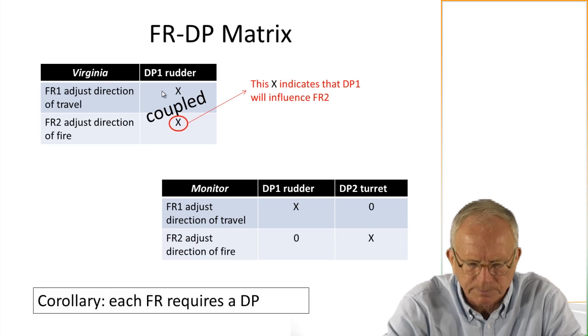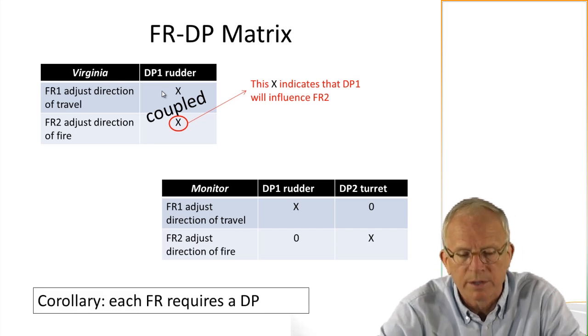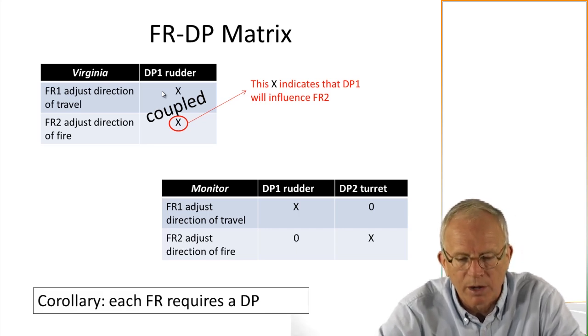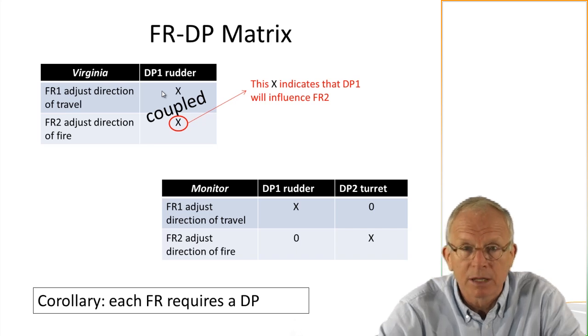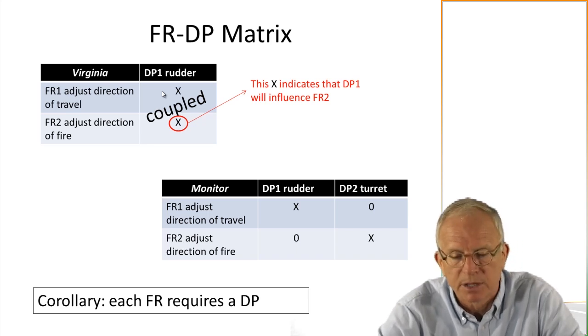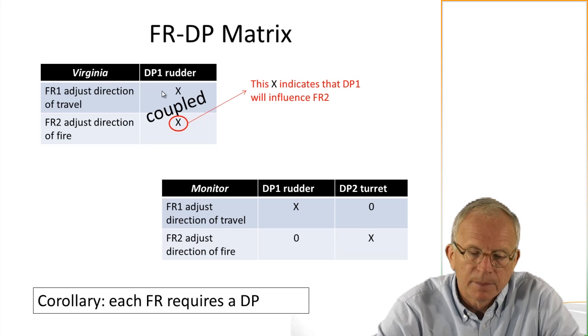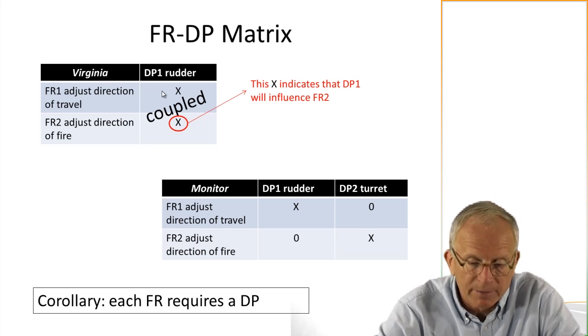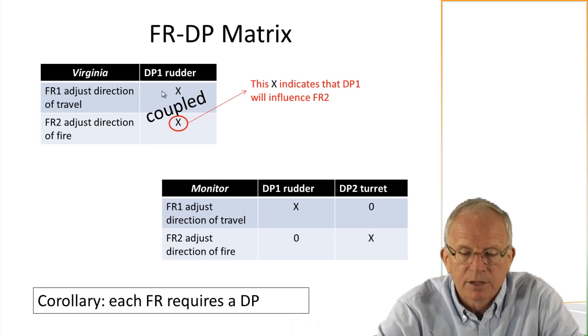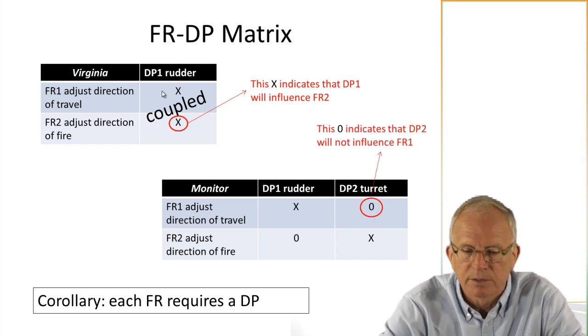Now, one of the corollaries is that each FR requires its own DP. So if we take a look at the Monitor's design matrix now, the rudder is able to adjust the direction of travel, and the turret is able to adjust the direction of fire. Now, here's a question.